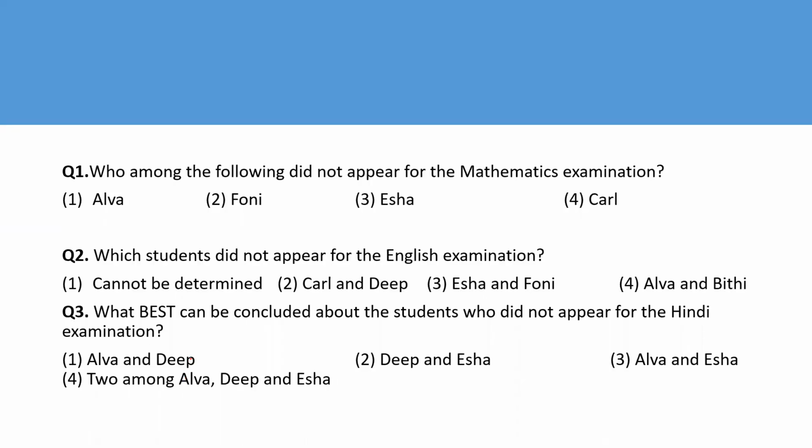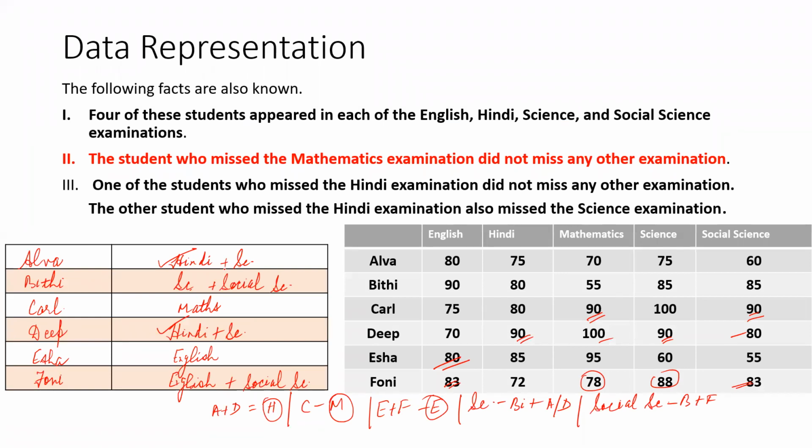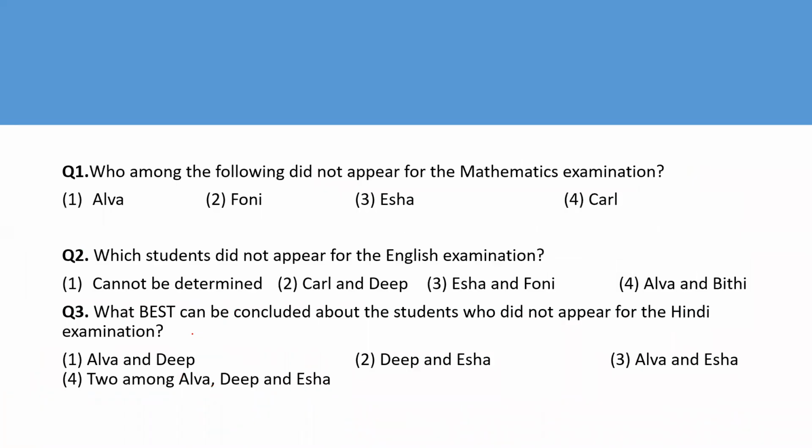Then what best can be concluded about the students who did not appear for the Hindi examination? Hindi was definitely not appeared by Alva and Deep. So that would help us with the first option. Alva and Deep definitely did not appear for the Hindi examination.